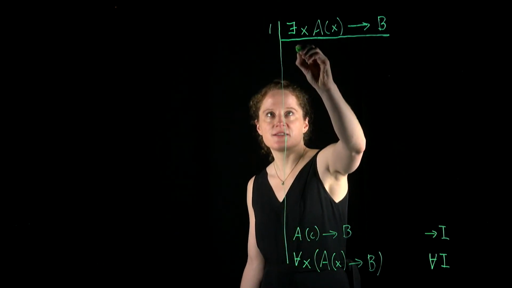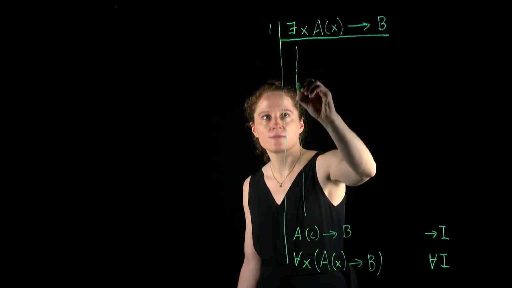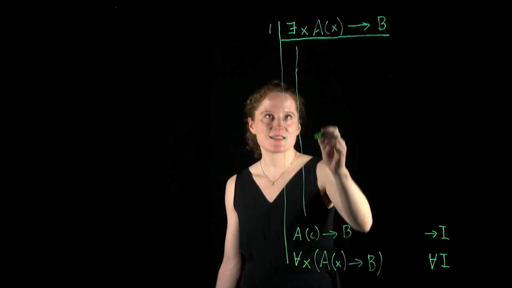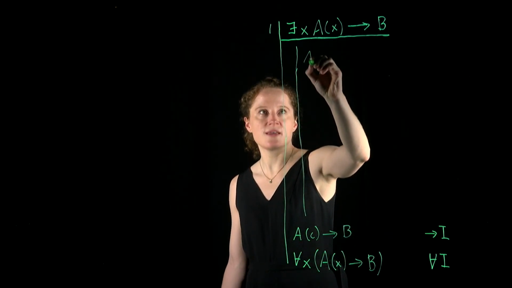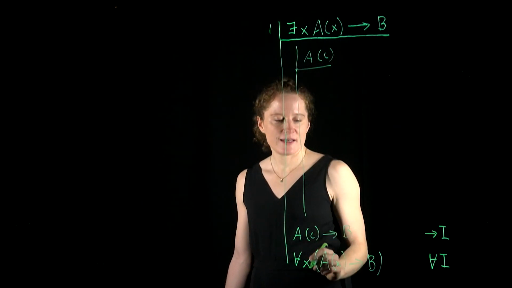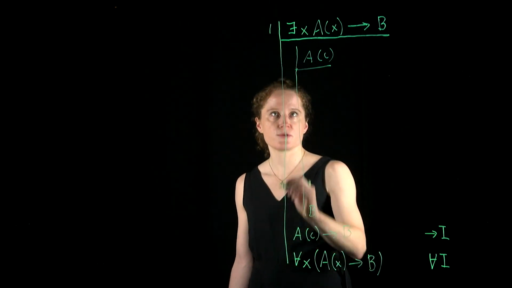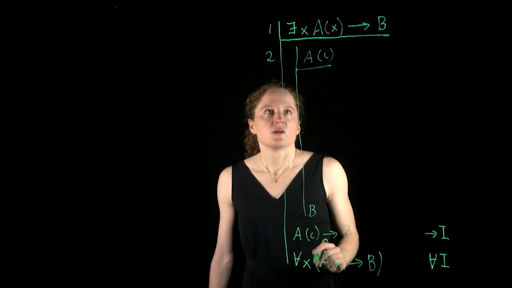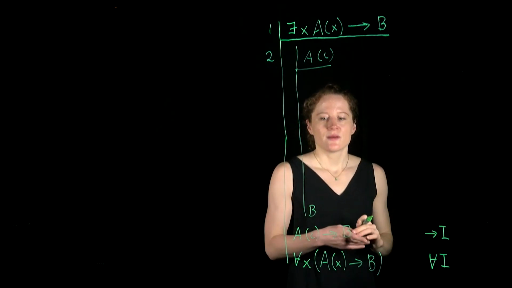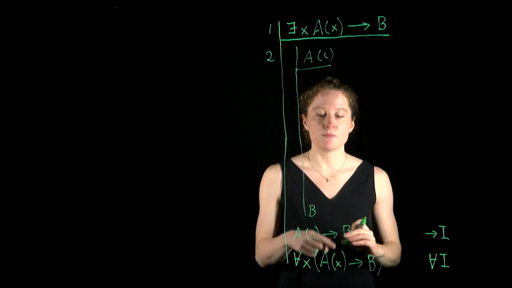Now, conditional introduction requires me to set up a subproof where this subproof starts by assuming the antecedent of the conditional that we want to prove and ends with the consequent of the conditional that we want to prove. Okay, so that's the state of the art right now. We have a subproof that starts with the assumption that AC and ends with B.